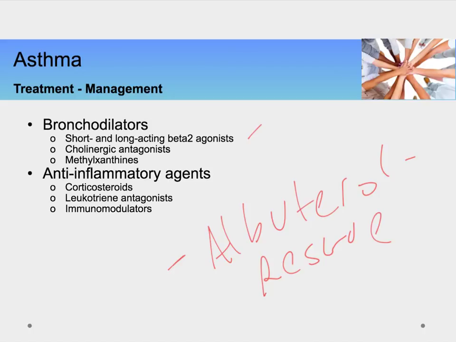The real bottom line is that they have to take a deep breath in and hold it, and keep that in their lungs and let that medication get down into their lungs. In your book, you have lots of different tables about teaching a patient. I highly encourage you to look that over so that you are able to teach a patient how to use an inhaler. I'm going to bring some supplies to class, and we're going to talk about the proper use of an inhaler there as well.